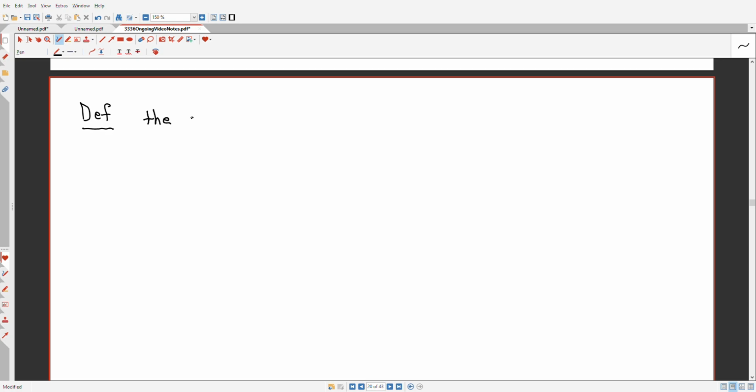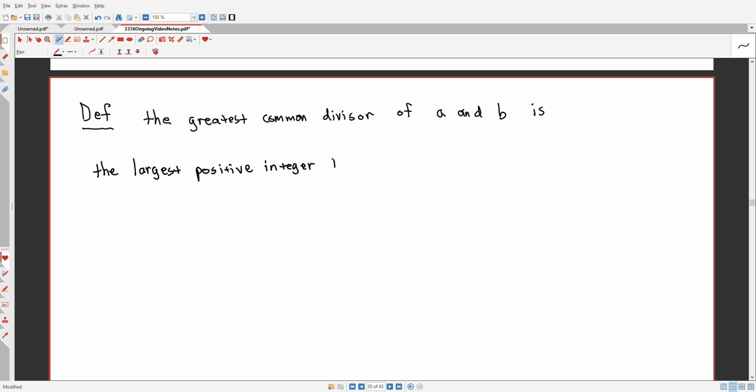The greatest common divisor of two integers, a and let's say integer b, is the largest positive integer that divides both the integer a and the integer b.